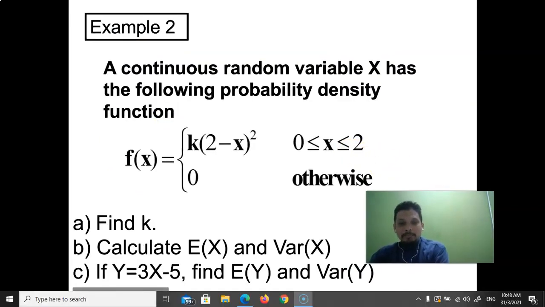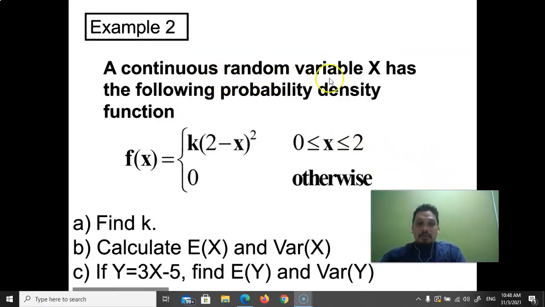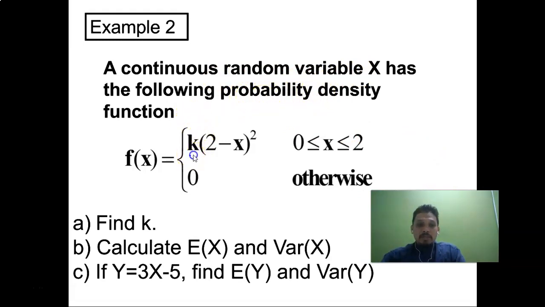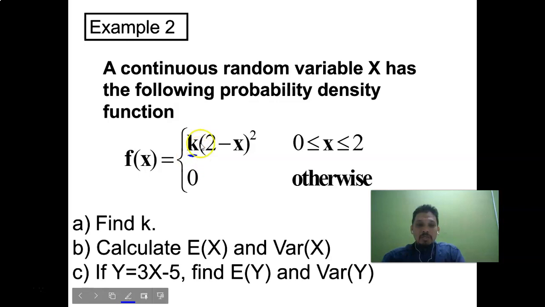Next, example here. A continuous random variable x has the following probability density function, given here with a constant k. We need to find the value of k and rewrite the function with the new value of k, so that we can find the expected value and variance of x.